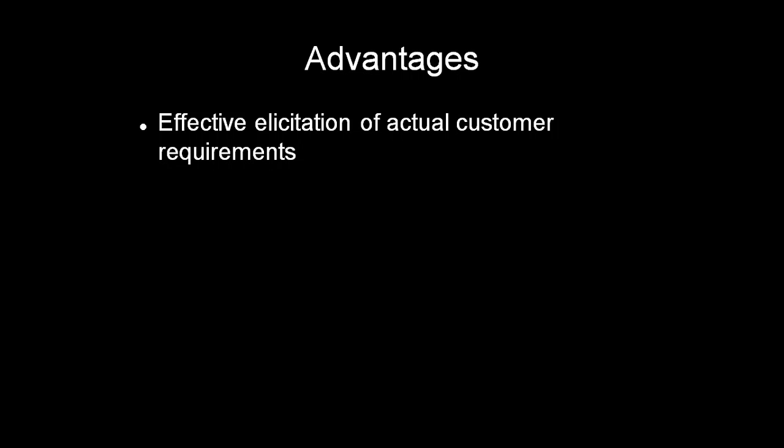So the customer can use it and can change or modify the software itself. So we can add new features, we can mention new requirements. So when the software is finally given to the customer, all the customer requirements will be met. So that is one of the major advantages of this model.